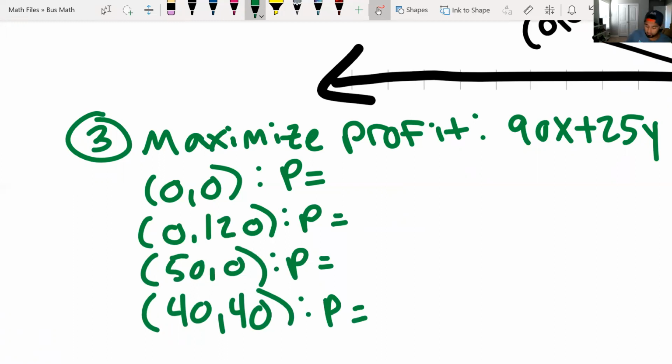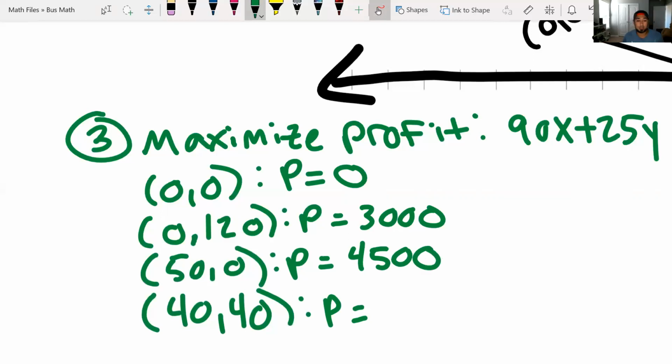Plug them into 90x plus 25y. If I plug in (0, 0), you're going to get 0. If I plug in (0, 120), 120 times 25 is 3,000. If I plug in (50, 0), 50 times 90 is 4,500. And if I plug in (40, 40), this one seems like the best bet, right? 90 times 40 plus 25 times 40.